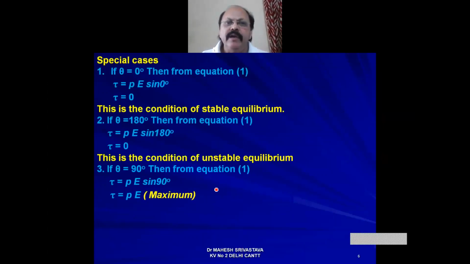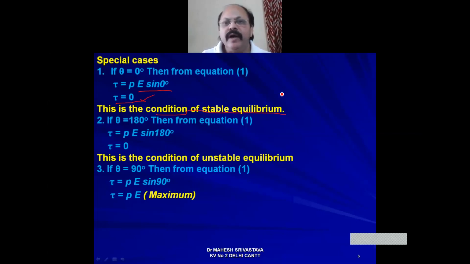First one is if theta equals 0, then from the equation tau equals P E sine theta, in place of theta you put 0 degrees, then tau equals P E sine 0, and sine 0 is 0, so the torque tau equals 0. What is the actual meaning of this? When sine 0 equals 0 and tau equals 0, this condition we say is the condition of stable equilibrium.